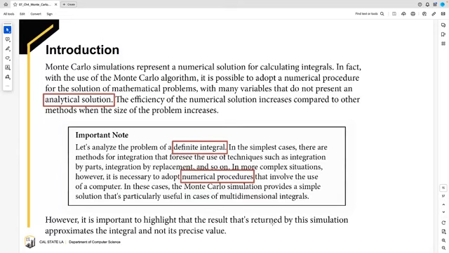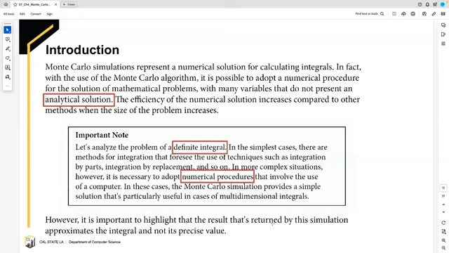Recall that analytical solutions are those that give you exact answers, and they are very accurate. However, in many problems, we do not have analytical solutions, and we need to approximate them using numerical solutions.